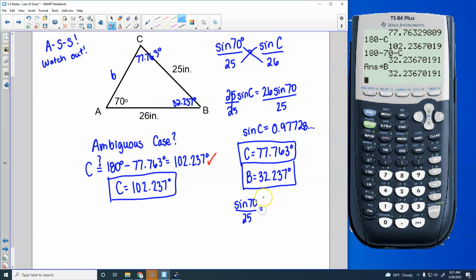And B is what I'm trying to find, so I'm going to do sine of 32.237 over B, and we will cross multiply.